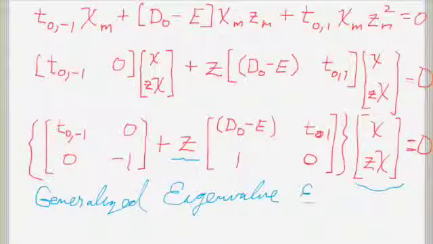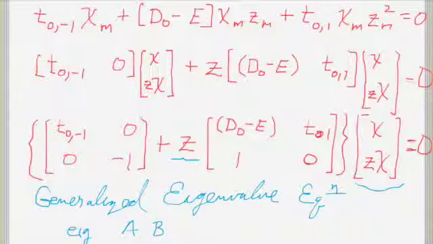You look it up in MATLAB. You can solve it with the eig function. You just give it two matrices, A and B. Just look in the manual, eig, and it automatically gives you a generalized eigenvalue solution. You see these two matrices in here. One is A, one is B, and usually this is written as lambda, your generalized eigenvalue.